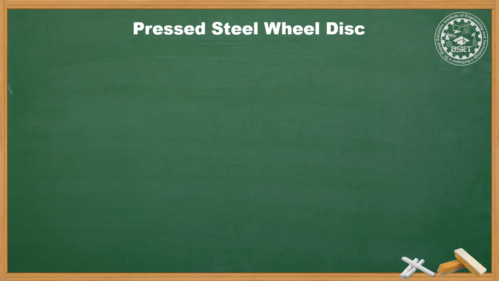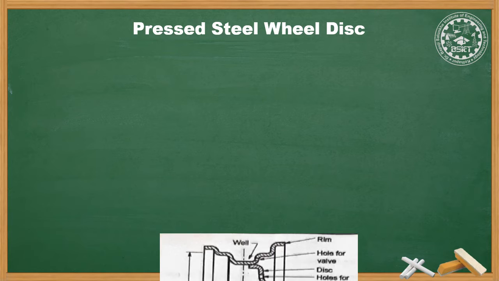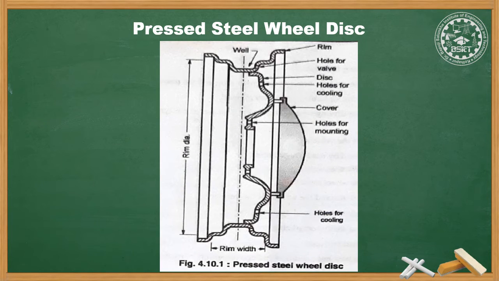When the bead of the tire is resting in the well, it is possible to pass the tire over the opposite edge of the rim. The pressed steel wheel disc as shown in the figure shows the cut section of the pressed steel disc wheel.